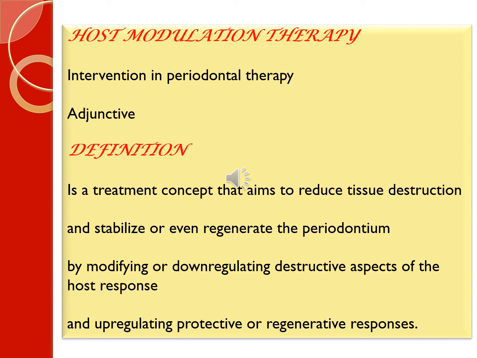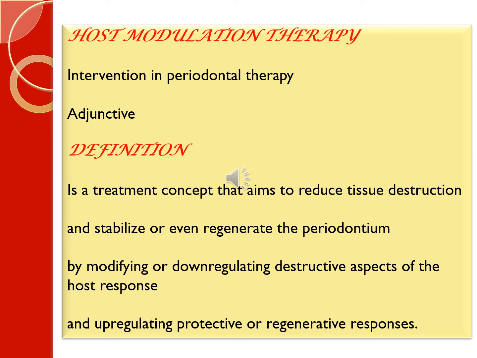Host modulation therapy is an intervention in periodontal therapy, and always remember it's an adjunctive to your mainstream periodontal treatment. That is, you have to do your scaling, root planing, and flap surgeries as indicated, and host modulation therapy acts as an adjunctive to your mainstream periodontal treatment. By definition, please split the definition into four parts.